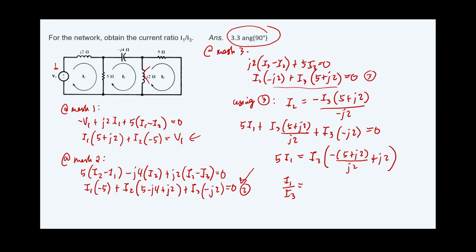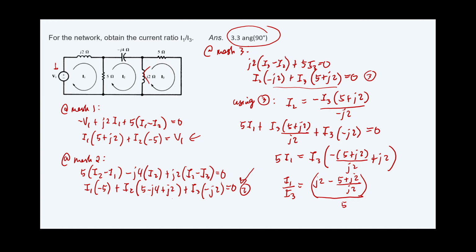So you have J2 minus (5 plus J2) divided by J2, divided by 5.